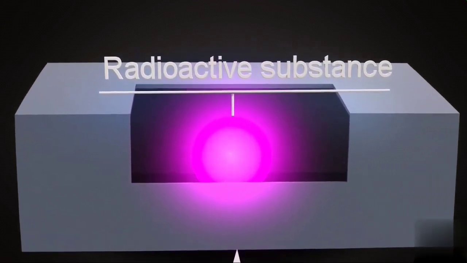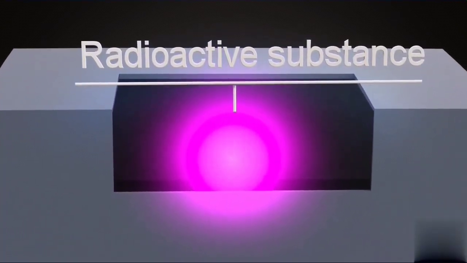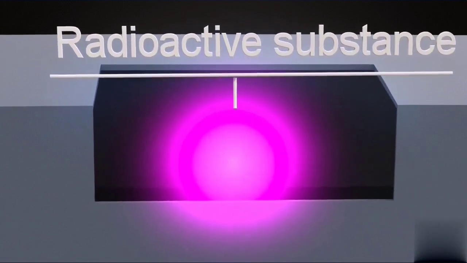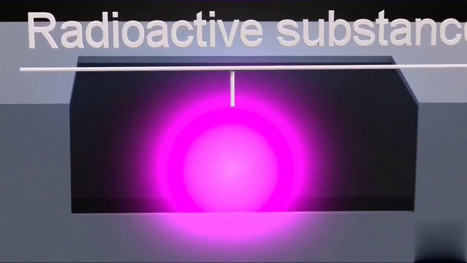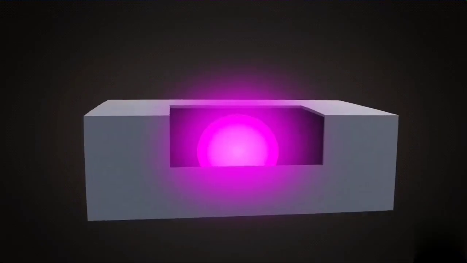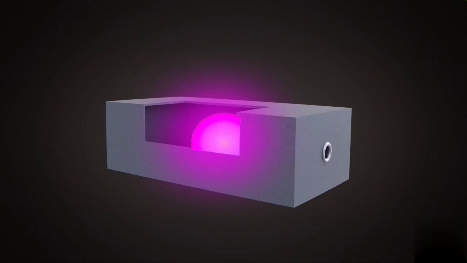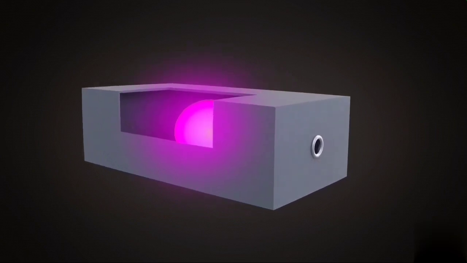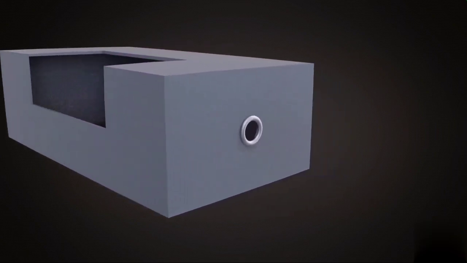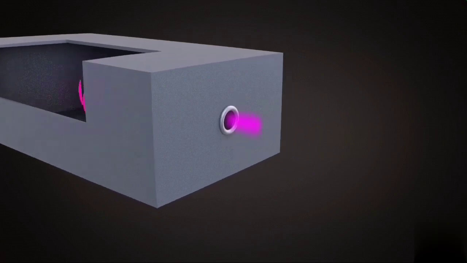Alpha particles emitted from the radioactive source pass through the hole and enter the slit to get streamlined.